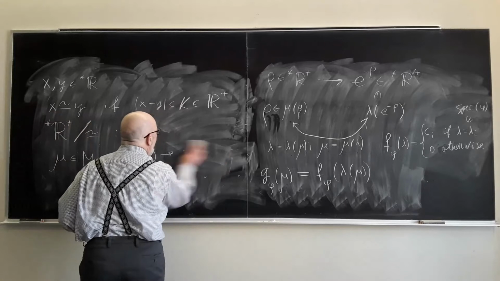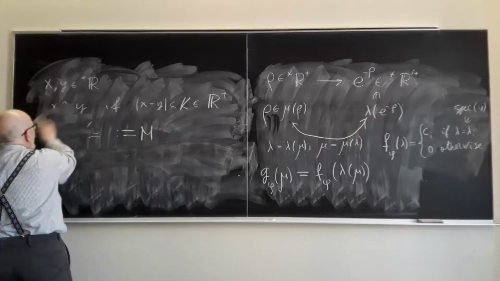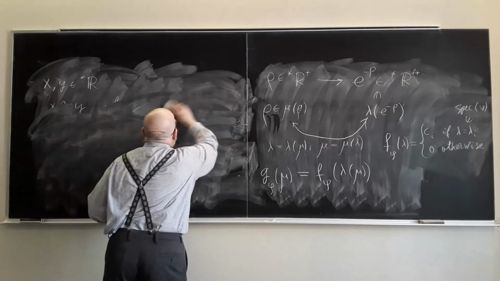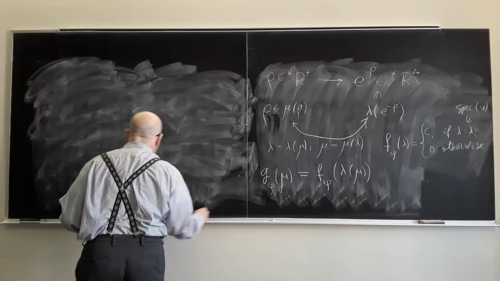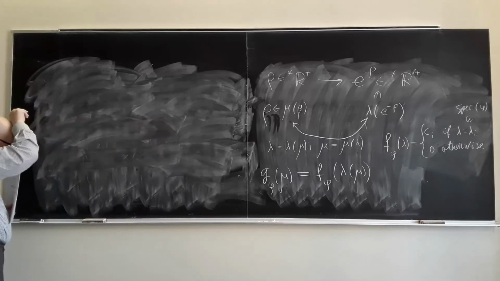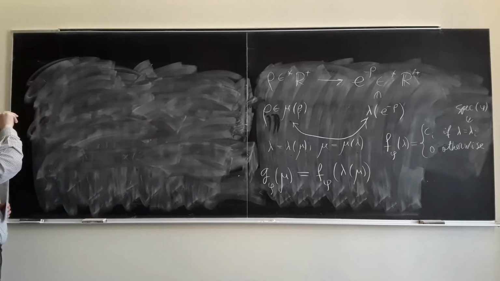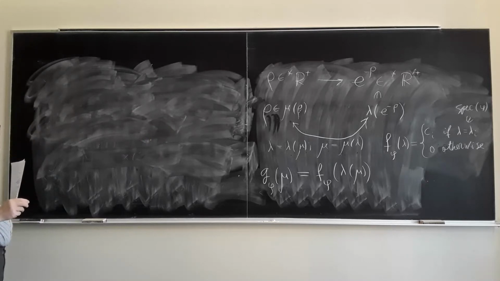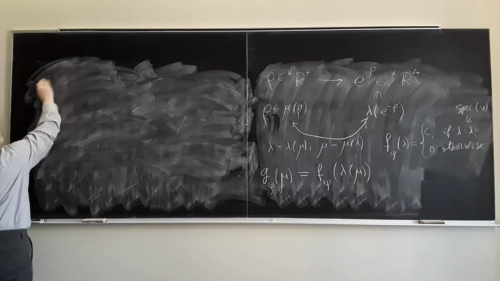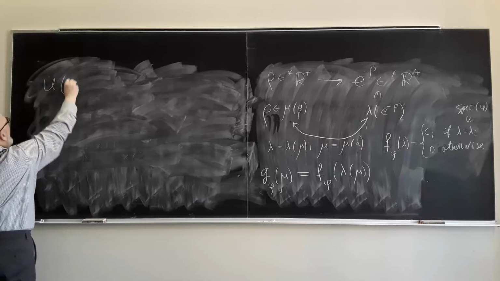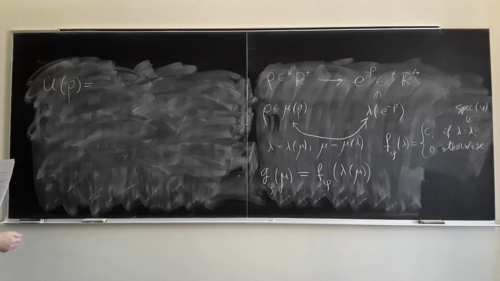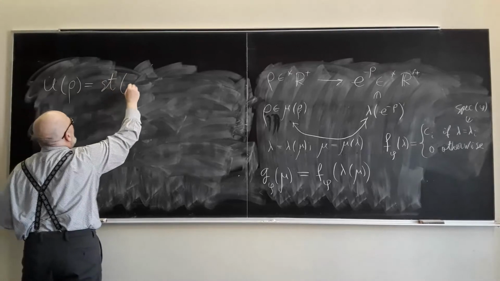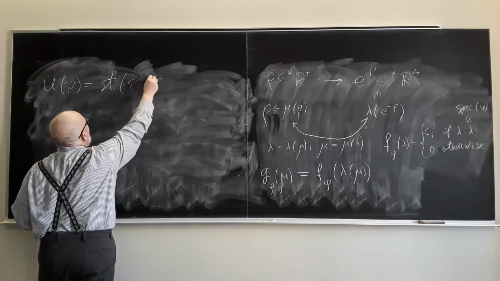Yeah, we have epsilon. Let us define a function u of rho equals the standard part of epsilon times rho.